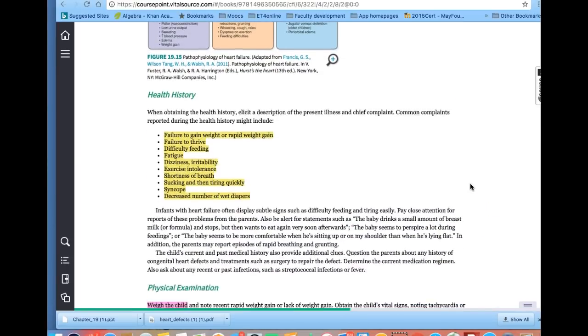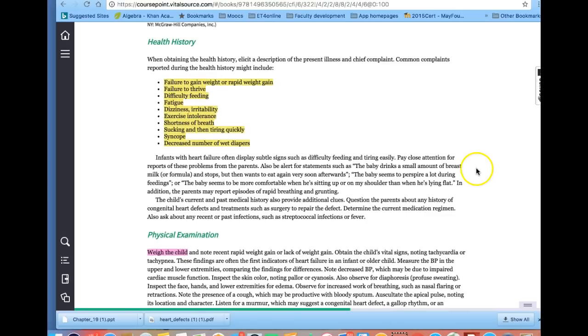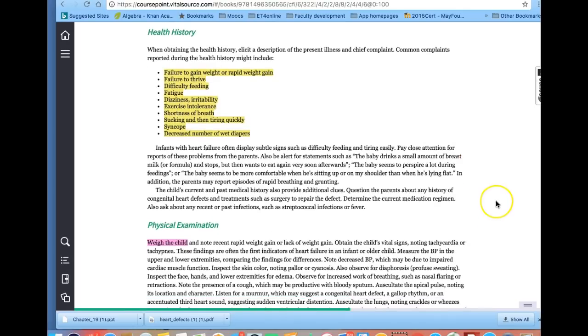All right, when you're getting a health history on these kids, it's real important to talk about feeding, weight gain, those types of issues. Look at their growth chart. Again, linear growth without weight gain should be a red flag that something's not quite right. If they get short of breath, if they sweat whenever they eat, if they're irritable, those are all signs that you need to investigate the cardiac issues.